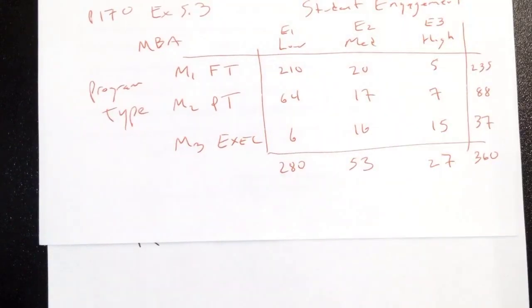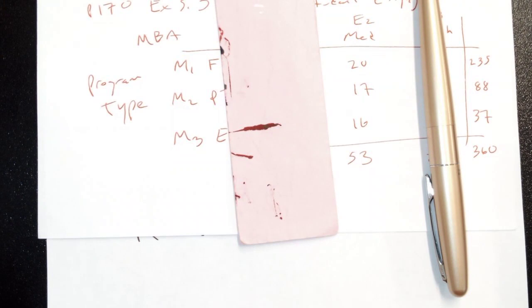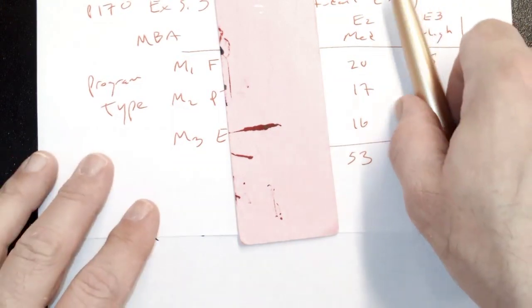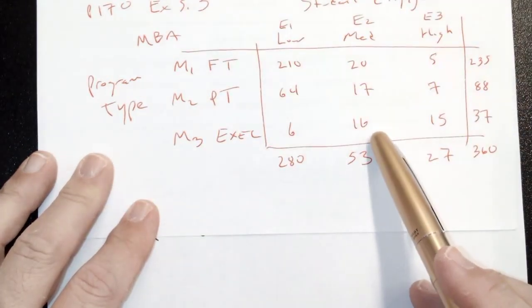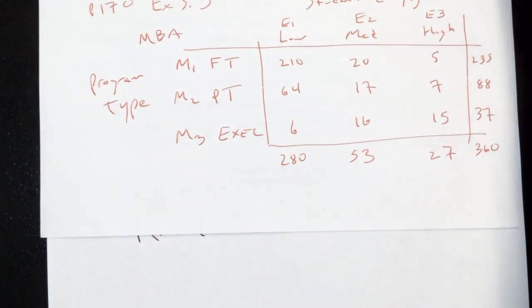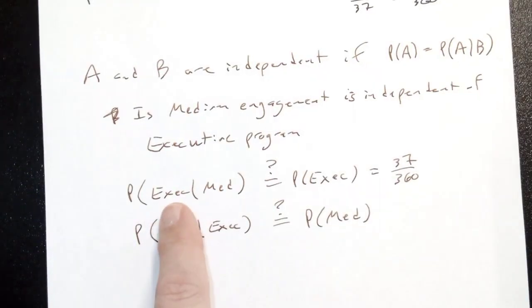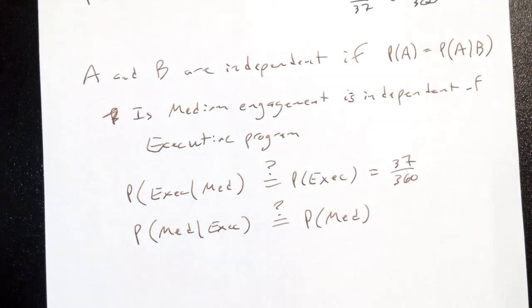My students of medium engagement are in the middle column. And the executive MBA group is this number. So what is the probability of executive given medium? 16 out of 52.